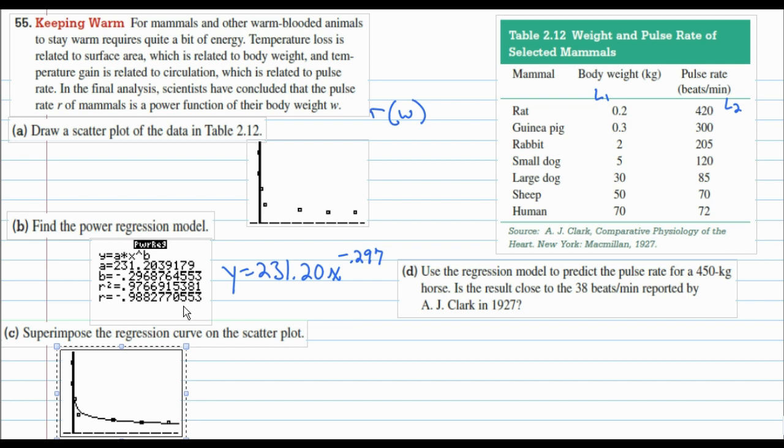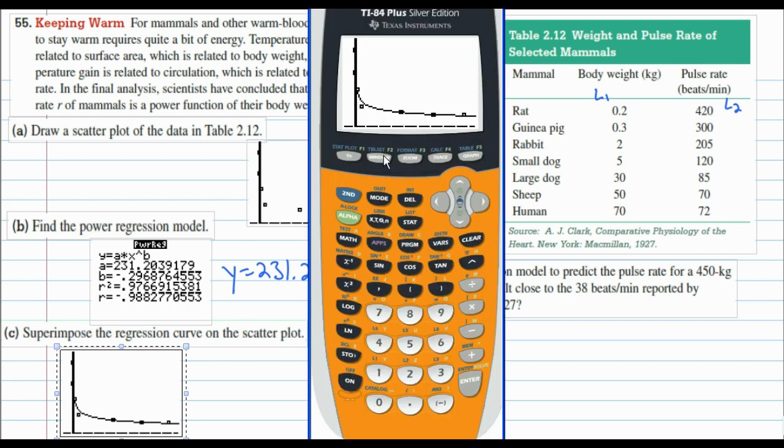Part D asks us to use this model that we got to predict the pulse rate of a 450 kilogram horse. So let's do that first. 450 kilograms. So we need to change our x values all the way out to 450. So I'm going to go up to 500. I'm going to change my window, my x max, because the body weights are the x values, to 500.